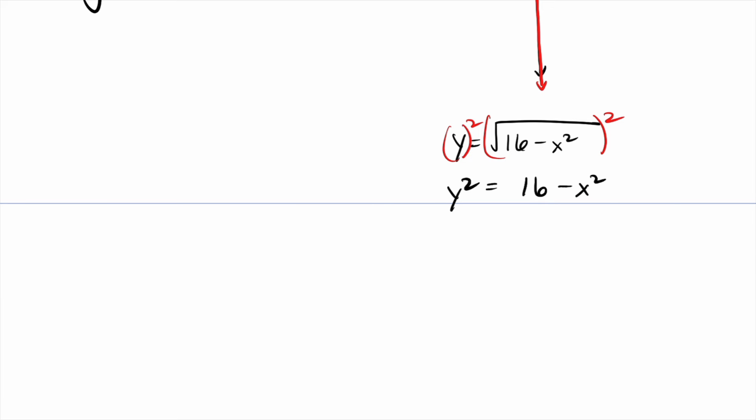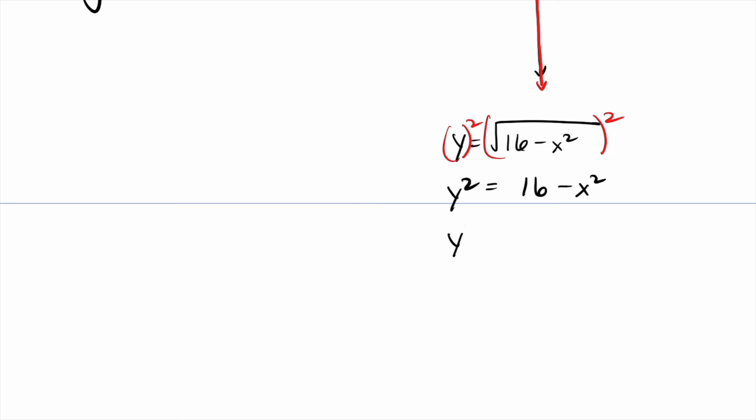Okay, so let me scroll down here a little bit. We have y equals square root of 16 minus x squared. I'm going to solve for x now. First step, get rid of the square root: y squared equals 16 minus x squared.